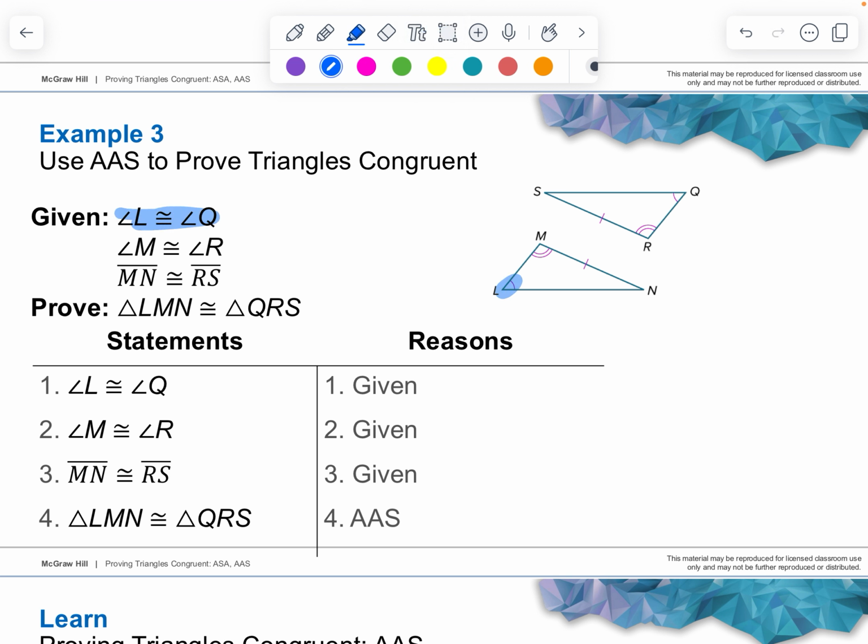These ones are equal. These ones are equal. These ones are equal. Therefore, angle angle side. So 1, 2, 3, 4 congruent statements. We have our angle angle side. Check. Good to go. That one's a very easy proof.